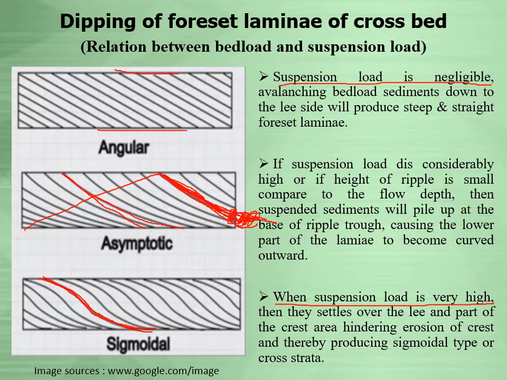When suspended material is considerable in amount, then the inclination of cross laminations changes. They become more asymptotic towards the bottom. When there is a high amount of suspended load, then the cross strata become sigmoidal or sinus shaped.